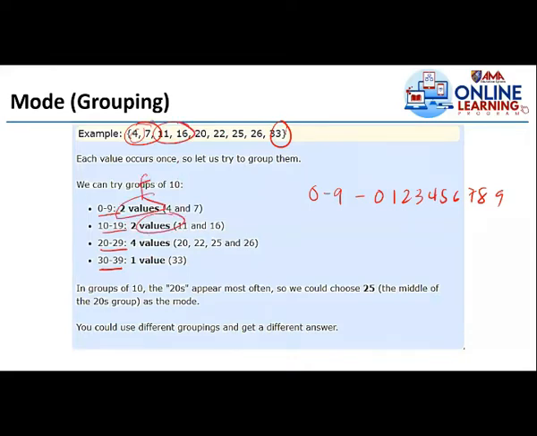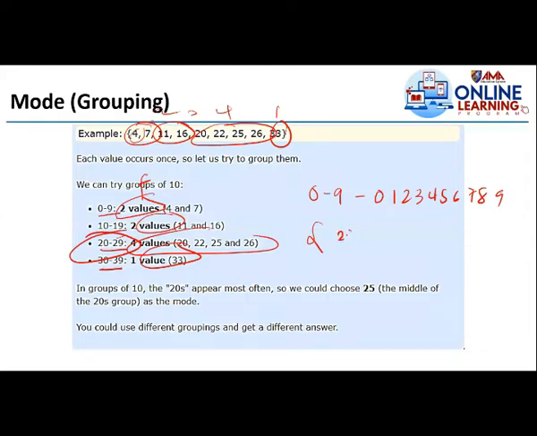That is now the frequency, guys, or the mode. Let's see which has the most values inside that group. Now for 20 to 29, four values fall there: 4, 2, 2, and 1 for the other groups. So the mode is in the 20 to 29 group.